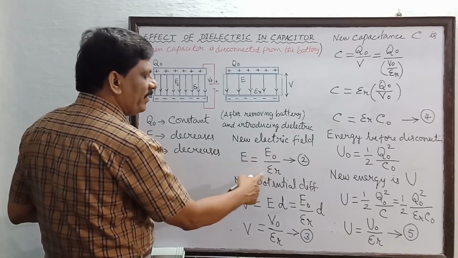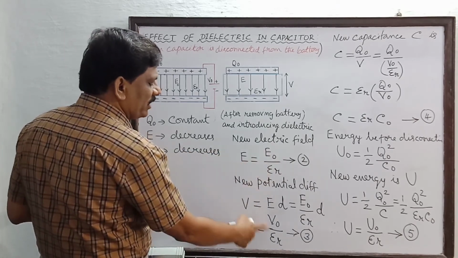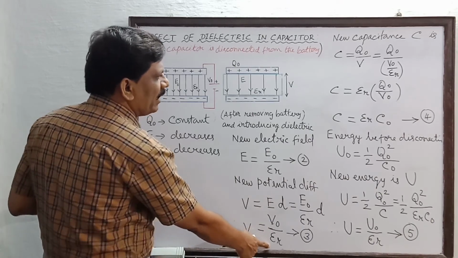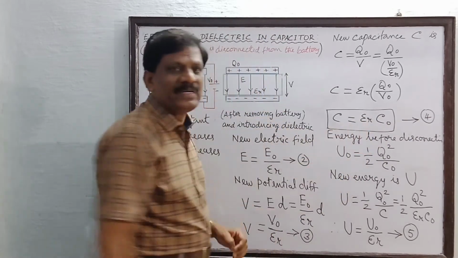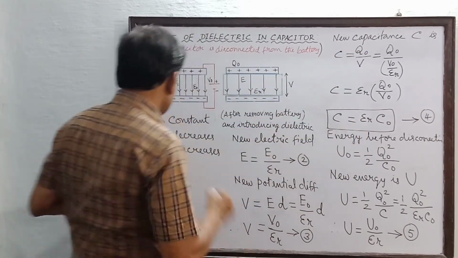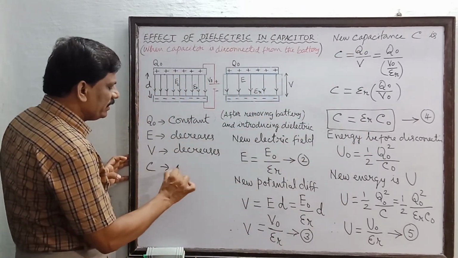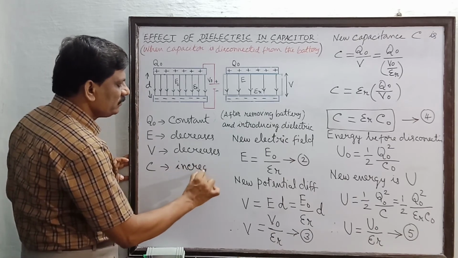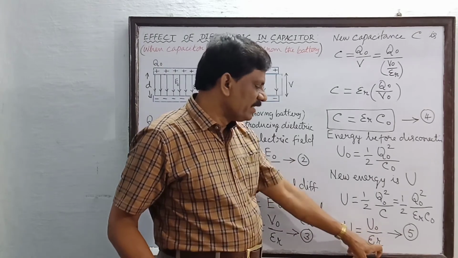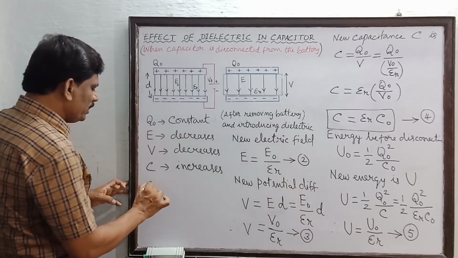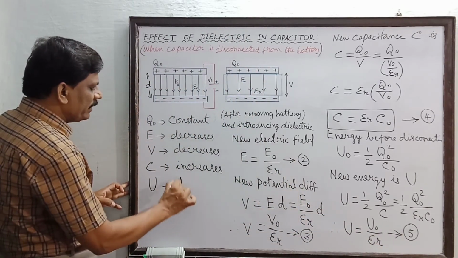So the original electric field by epsilon r and the original potential difference divided by epsilon r. Then what happens to the capacitance? It increases by a factor epsilon r. So the capacitance C increases. And what happens to the energy? You see, it is divided by epsilon r. So the energy U also decreases.